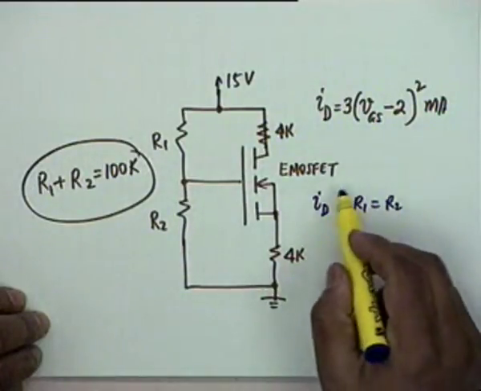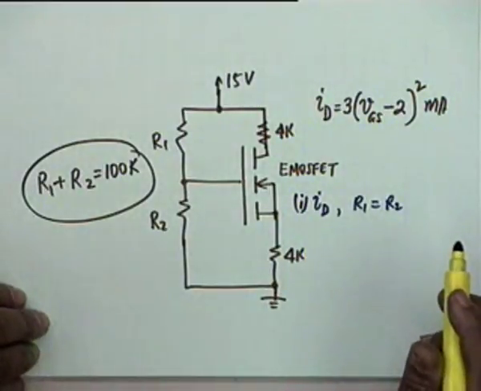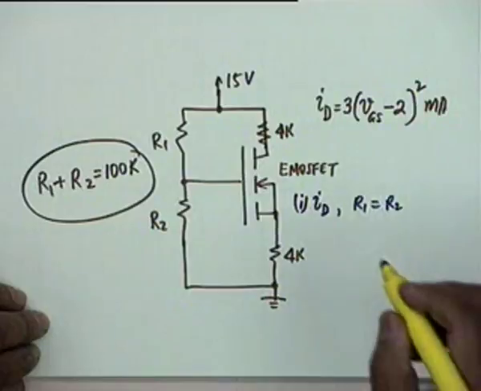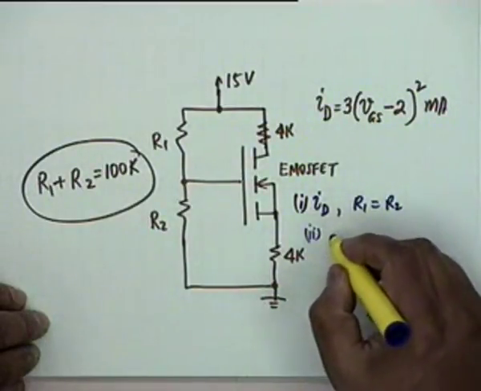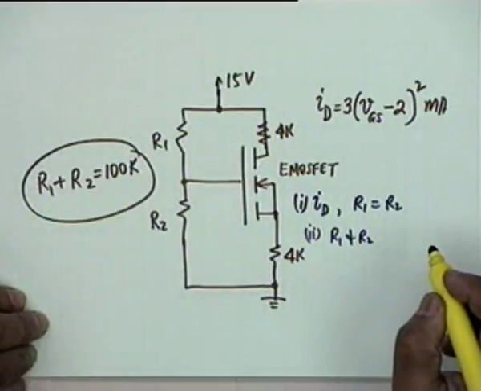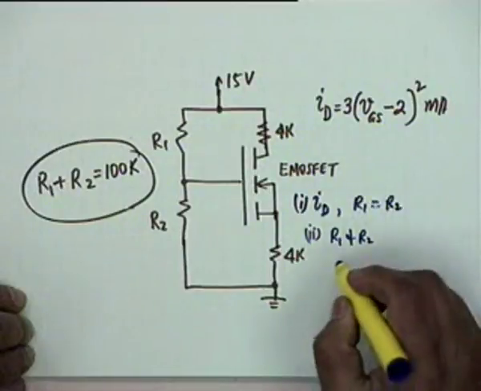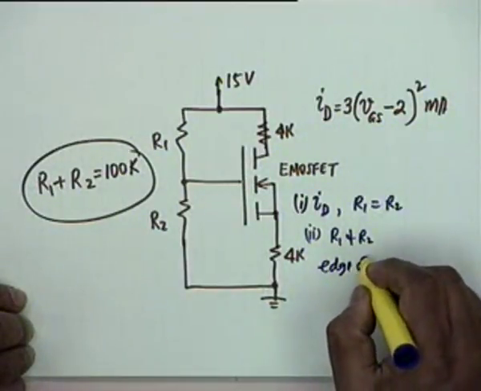You are required to find out the drain current when R1 is equal to R2, and then you are required to find out R1 and R2 for the transistor to operate at the edge of saturation.